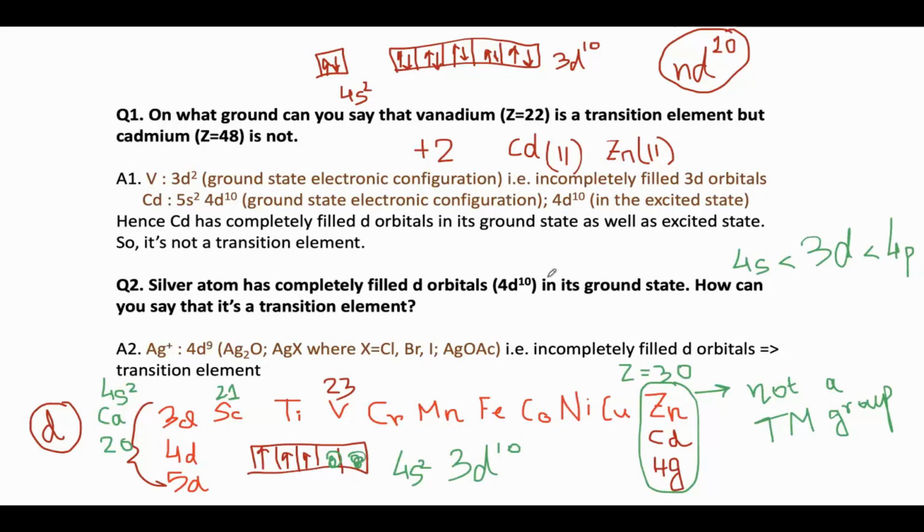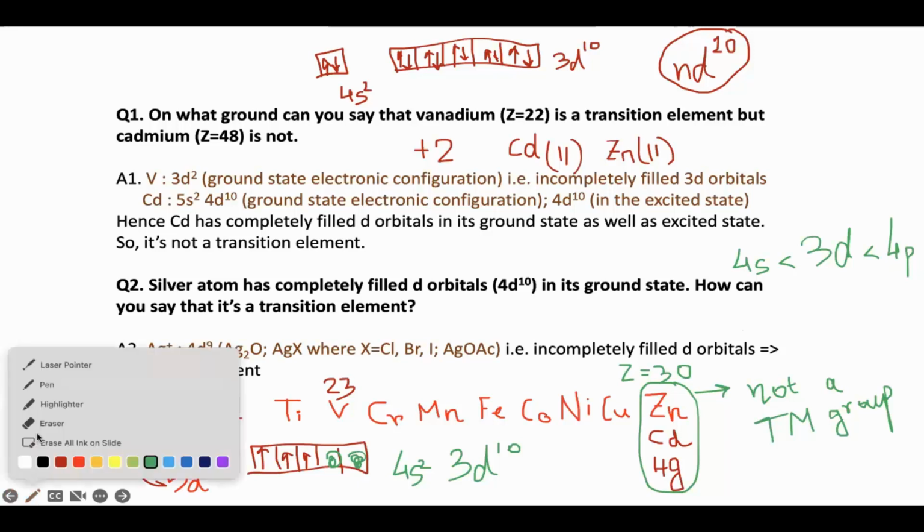That's why vanadium is termed a transition element. But cadmium or zinc will not be transition elements. Both vanadium and cadmium or zinc are d block elements, but vanadium is a transition element, and from scandium to copper, all the elements are transition elements. But the zinc group, zinc, cadmium, mercury, are not transition elements.